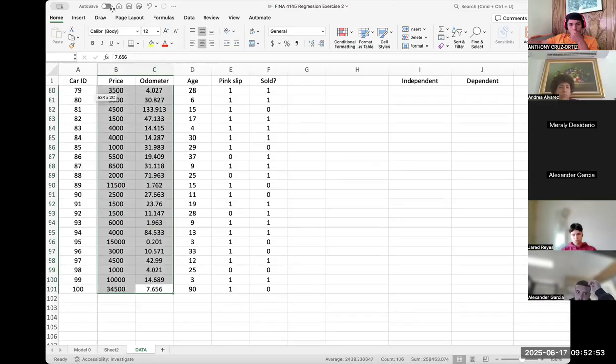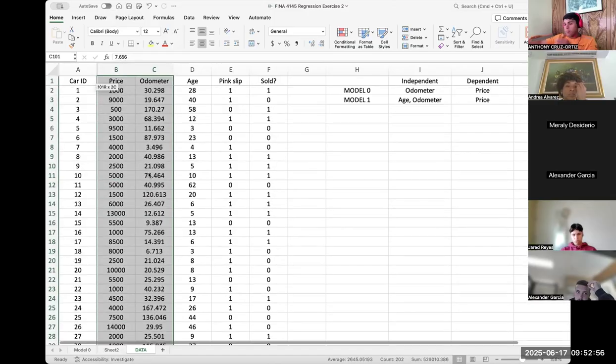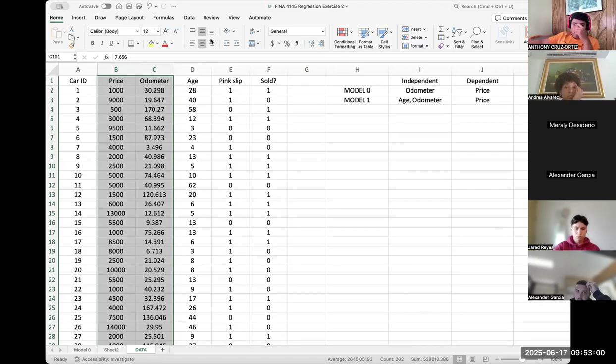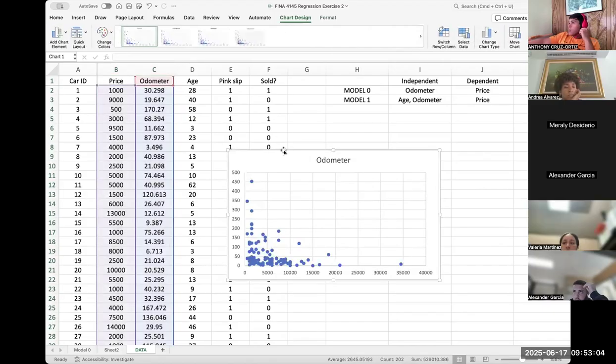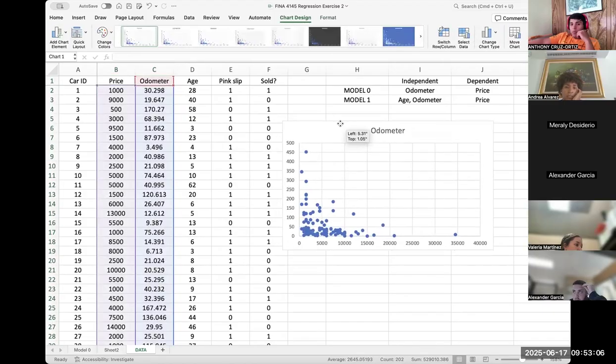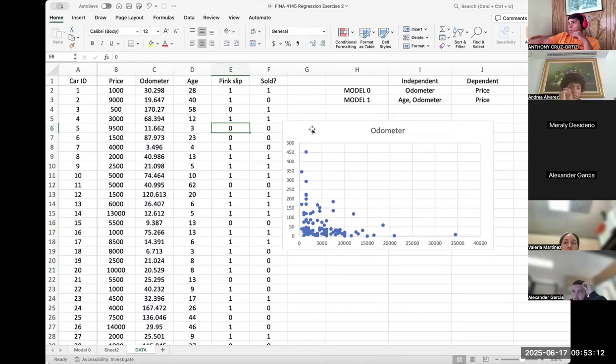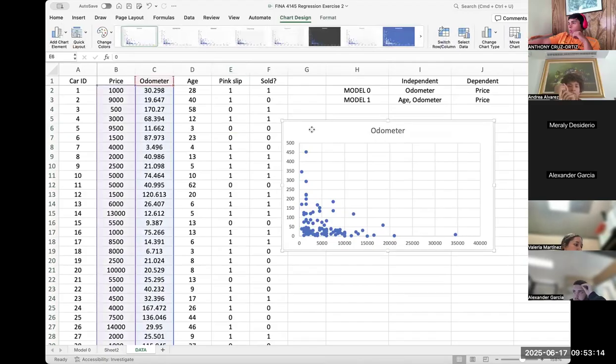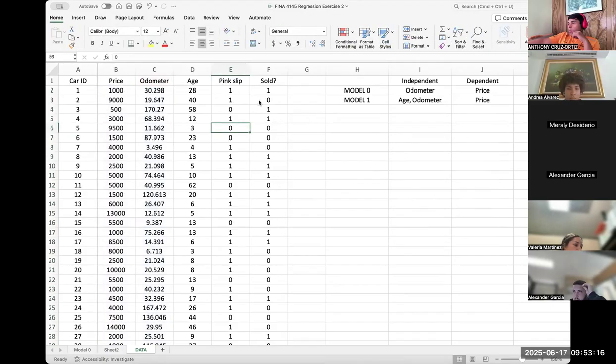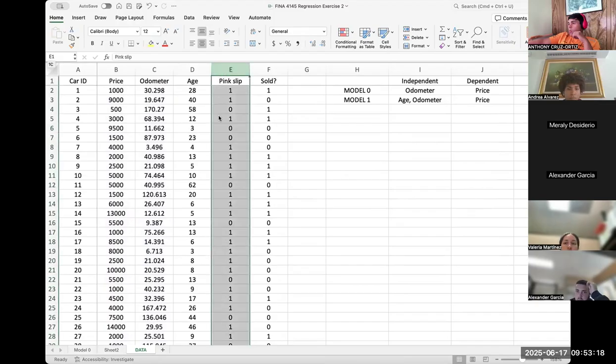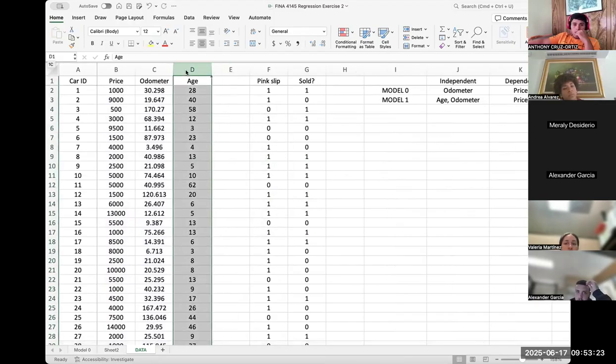So if we have odometer, we already did that, but let's do it again. Insert chart, XY scatter gives us this one, but it's backwards. I think it's okay if it's backwards, but let's do it the right way. I have to rearrange these. I'll just put it in and take it out.